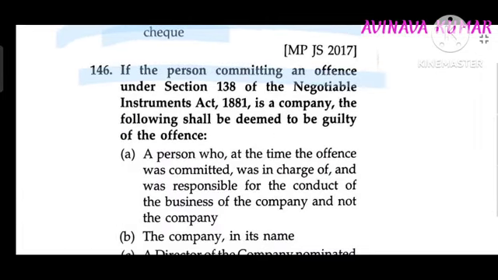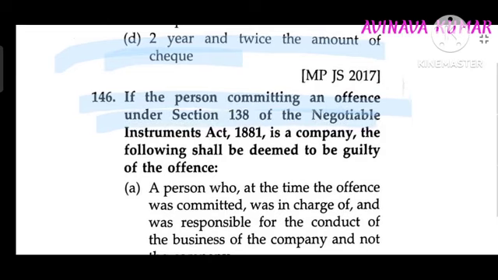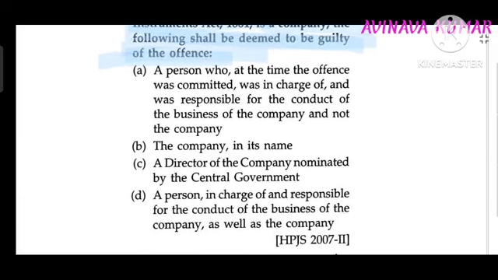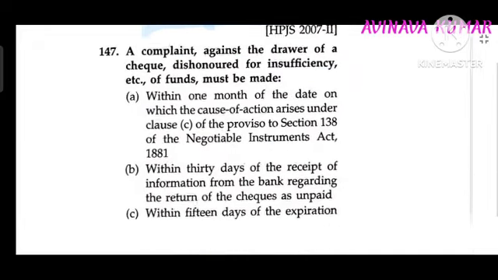If the person committing an offence under Section 138 of NIA is a company, the following shall be deemed to be guilty of the offence: a person in charge of and responsible for the conduct of business of the company as well as the company.